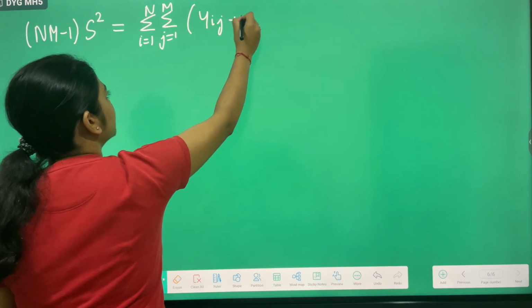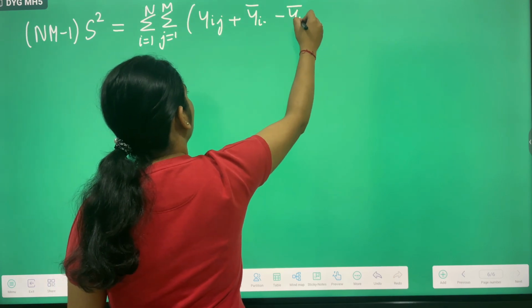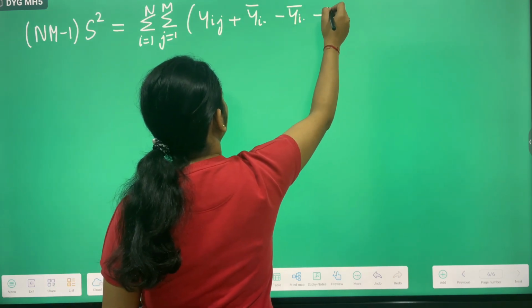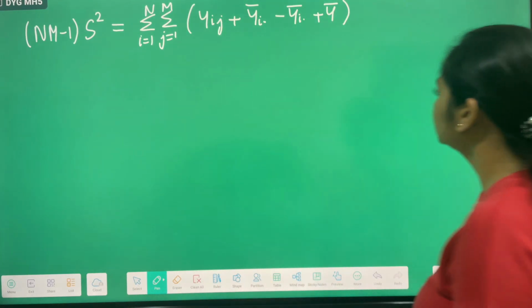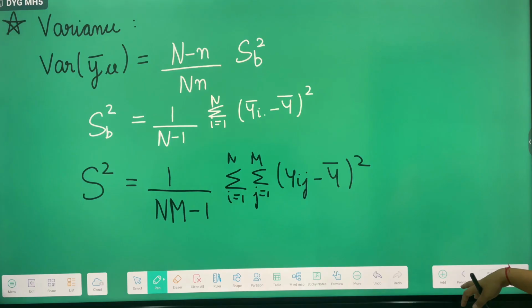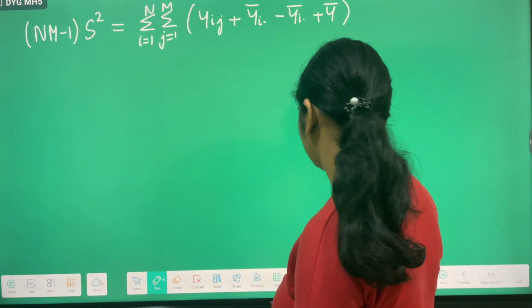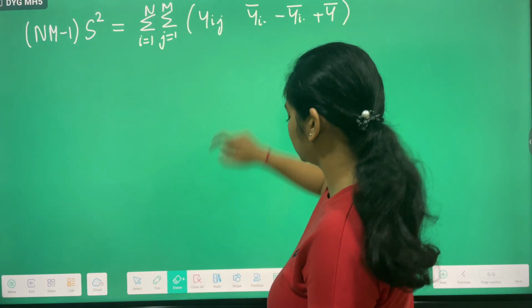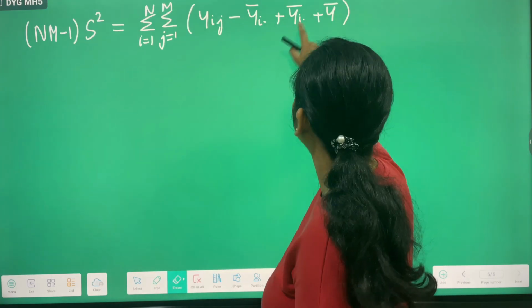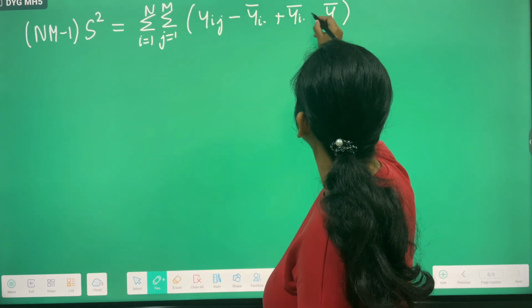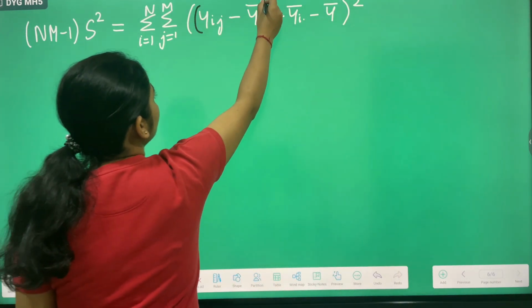Now we can add and subtract y bar i dot. We'll subtract here and we'll add here, and this will also be minus. So we have formed these two.